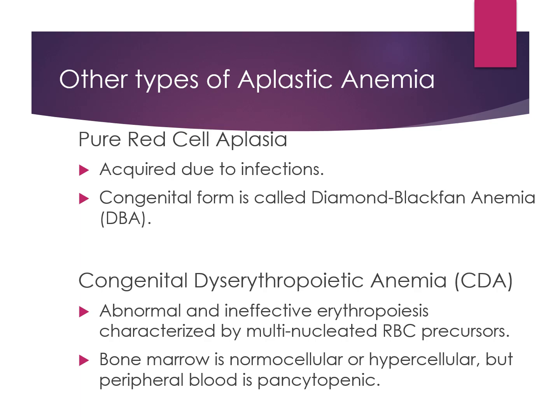The second type is congenital dyserythropoietic anemia, which is essentially an abnormal and ineffective erythropoiesis characterized by multinucleated red blood cell precursors. So something is going wrong during the erythropoietic process. And then, of course, we might see bone marrow that's normocellular or hypercellular, but peripheral blood that is pancytopenic.